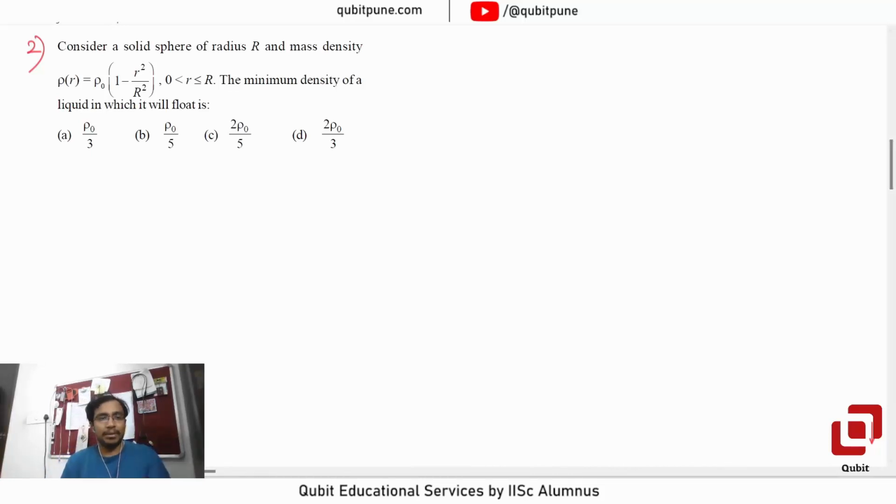Now, because you want the density to be minimum, we have to assume that the sphere is completely below the free surface. No portion of the sphere is above the liquid surface.